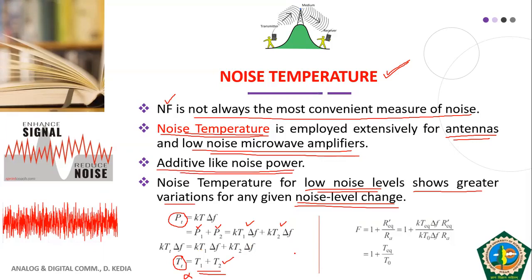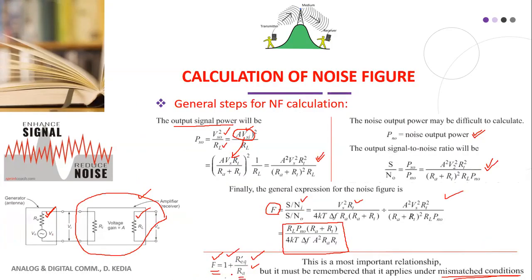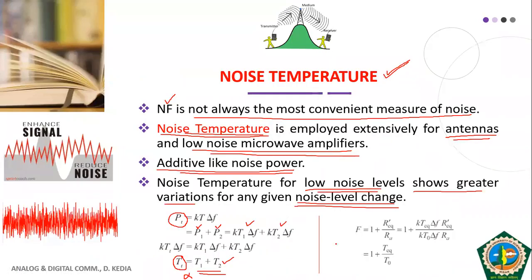Okay, another thing is, if you remember in the previous slide, I had shown you this expression that noise figure in terms of equivalent resistances under mismatch condition can be shown like this. The same thing can also be replaced in terms of noise temperature. So your R equivalent can be shown proportional to equivalent temperature Te, and your RA, the antenna resistance, can be shown as your equivalent temperature T naught.